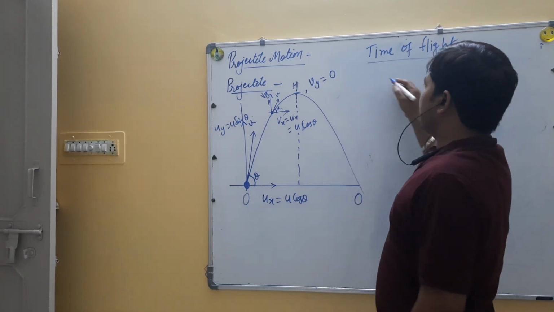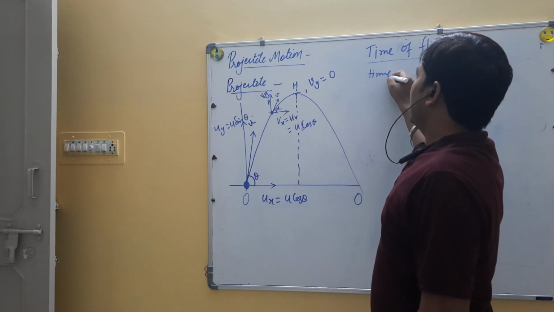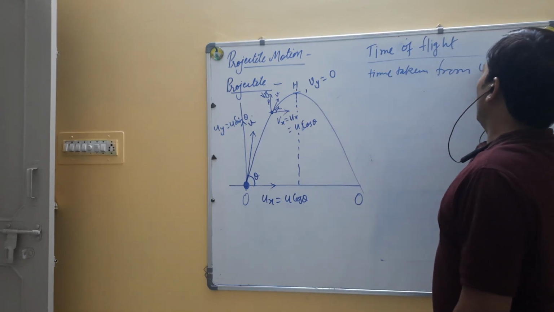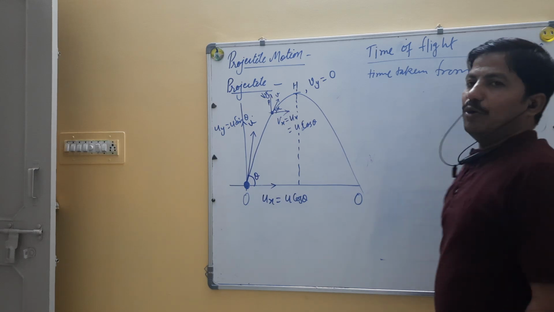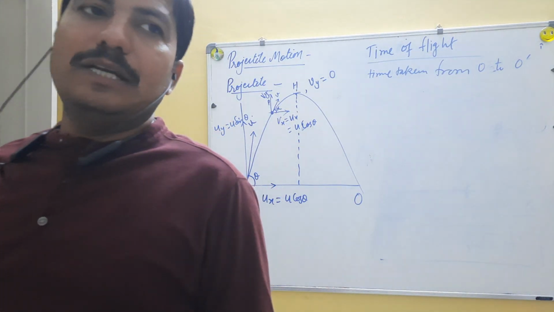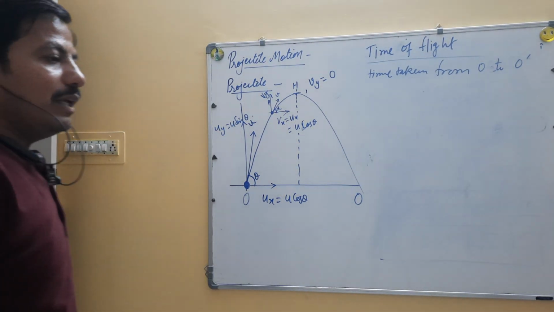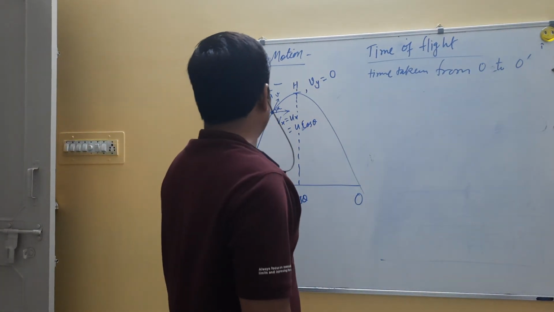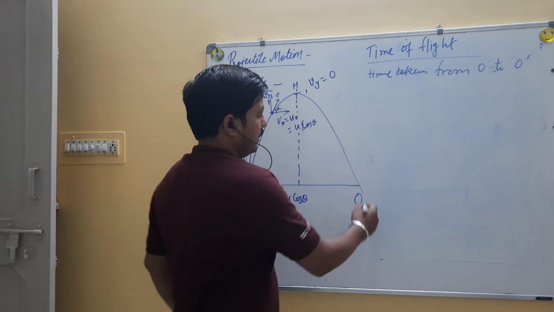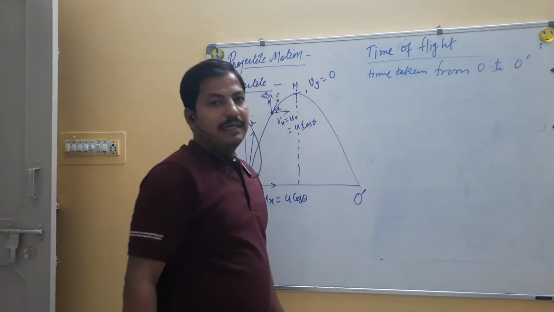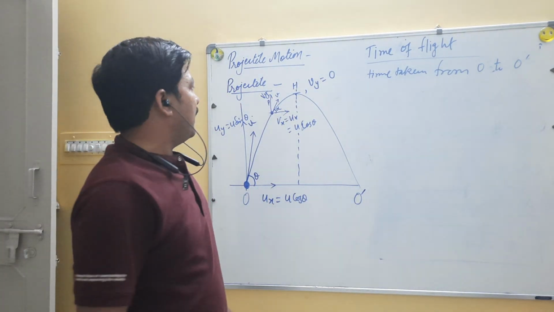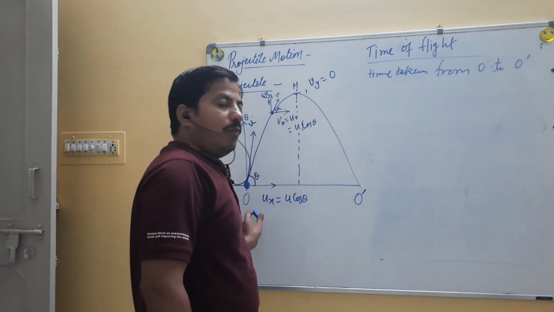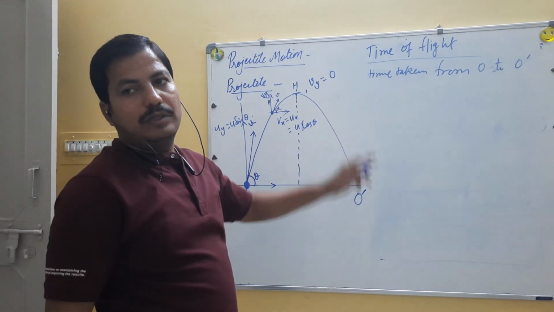Time of flight means the time taken from O to O dash. When the object travels from O to O dash, O and O dash are on the same horizontal level. So the time taken by the object to reach from O to O dash is known as time of flight. Time of flight will be twice the time taken by the object from O to the highest point.